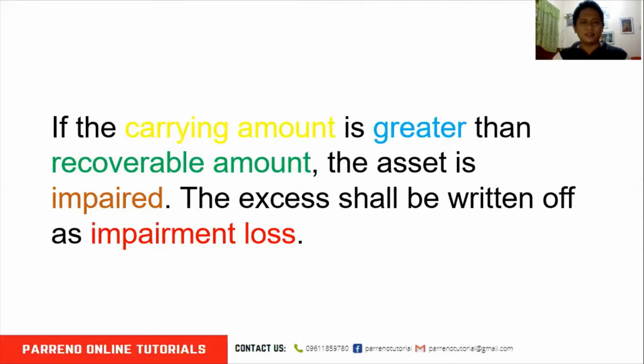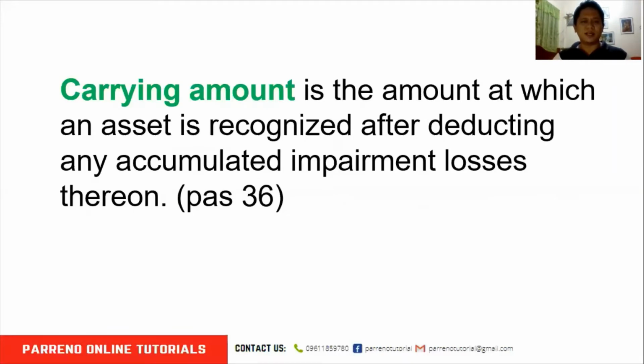Okay, let's discuss the terminologies used. Carrying amount is the amount at which an asset is recognized after deducting any accumulated impairment losses thereon. Carrying amount is also known as the book value.